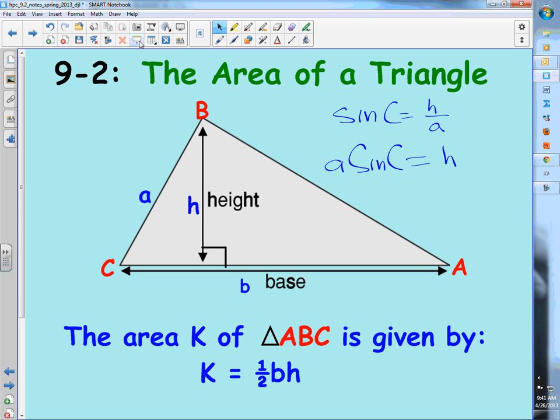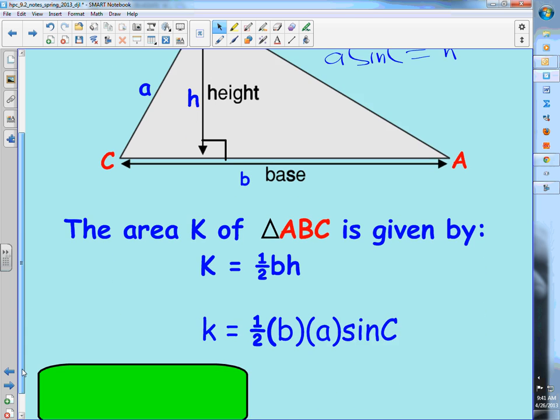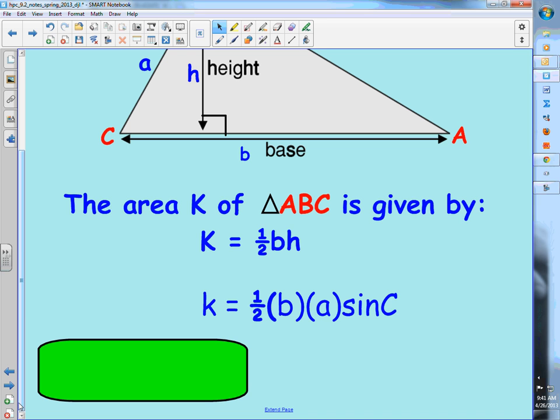Or if the height is half the base, then it would work good too. But it's not going to always work. So what we want to replace the height with, potentially, would be A sine C. So the area is going to be 1/2 B times A times the sine of C.